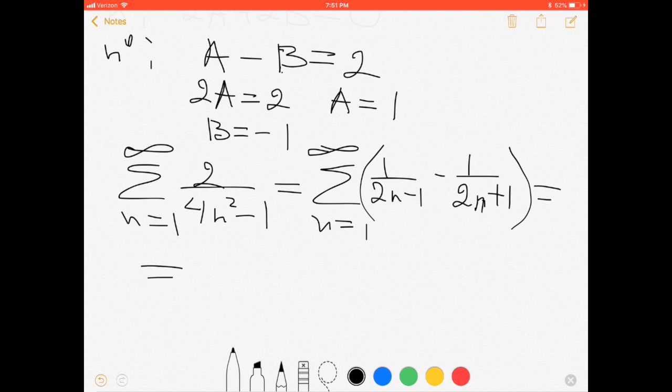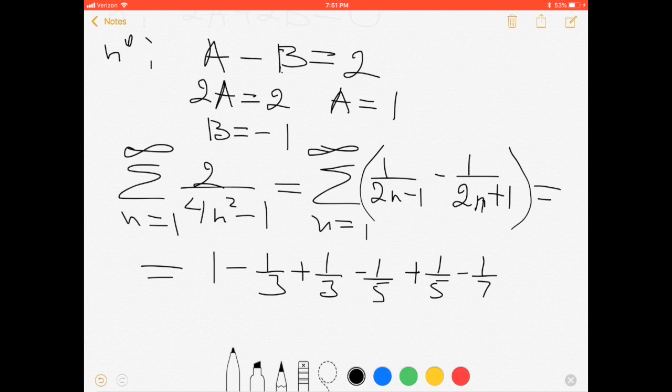If you rewrite, for n equal 1, you have 1 minus 1 third. N equal 2, you have plus 1 third minus 1 fifth plus 1 fifth minus 1 seventh, and continue. This means this sum is equal 1.